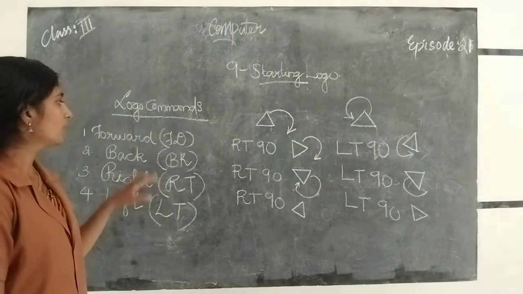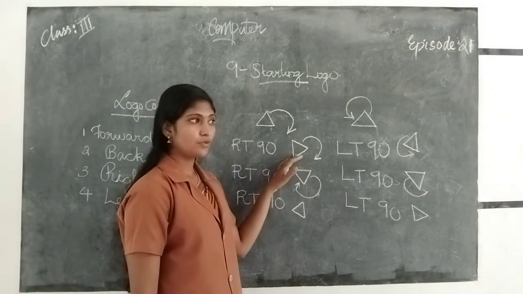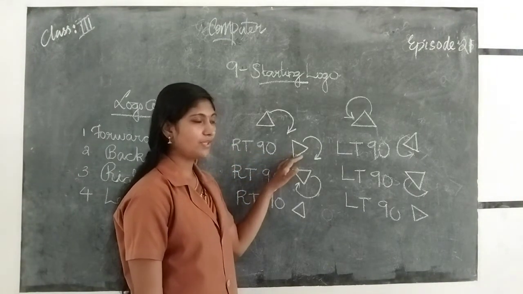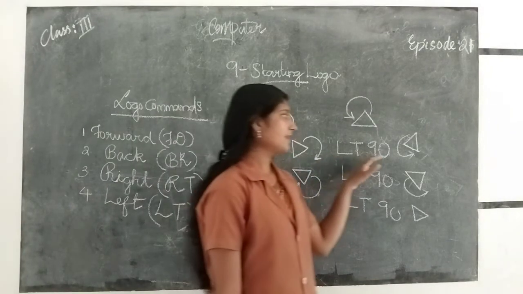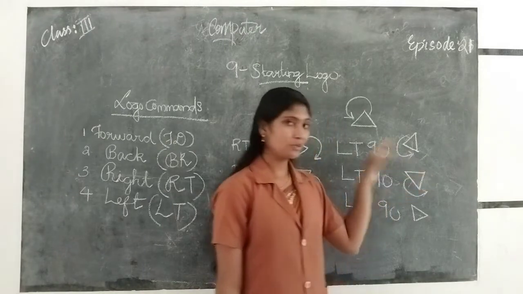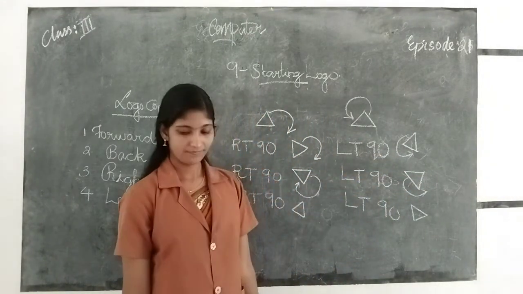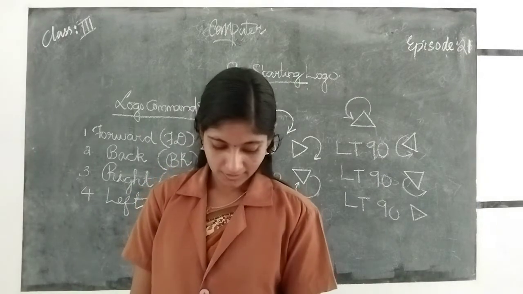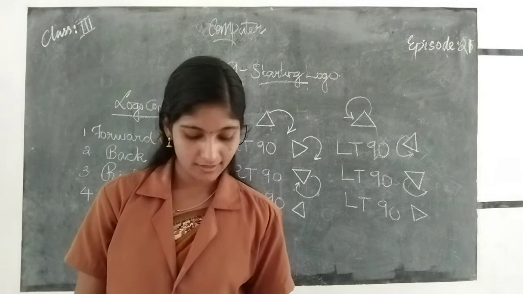So RT is to turn the turtle to the right side direction with an angle of 90 degrees. LT 90 means to turn the turtle to the left side direction with an angle of 90 degrees. Right? Okay, so here examples are given in your textbooks.